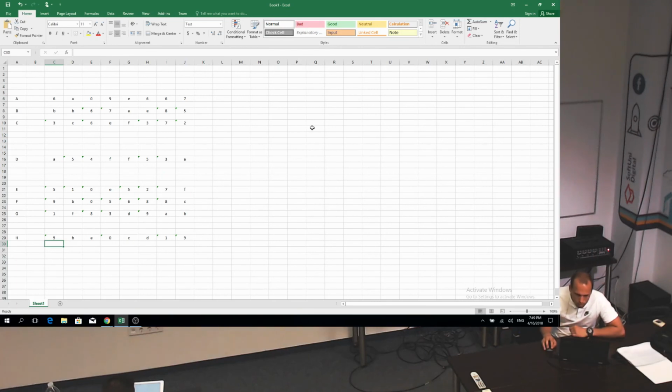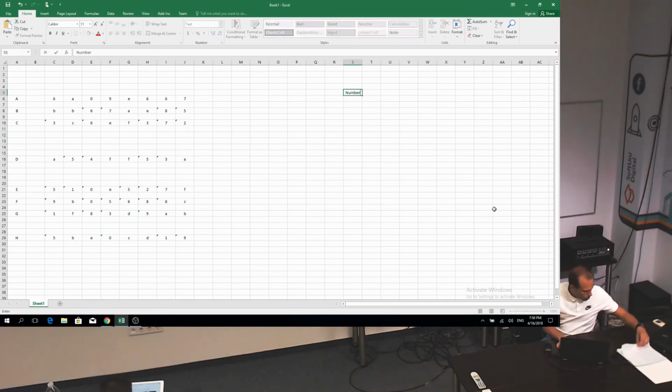Now we would like to convert these hex numbers to binary numbers. We are going to see, okay, I'll put it right here. We have the decimal number, then we have the hexadecimal number, and in the end we have the binary. We are going to see all the numbers up to 15.